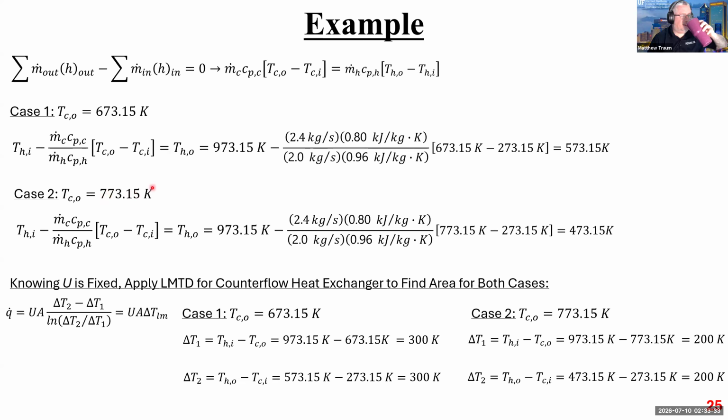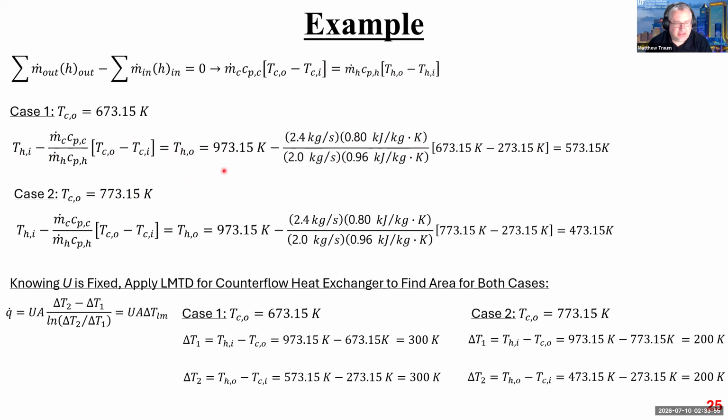And so for those two cases, I'm going to solve for the hot stream outlet temperature. How do I do that? Right, I'm just taking this guy, rearranging it, solving for TH out. So here's me doing that. And then I'm going to plug in the numbers, all the numbers that I calculated from before.